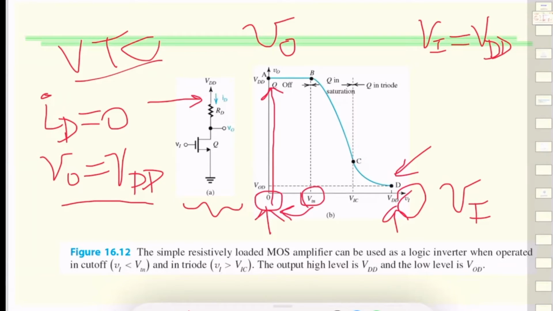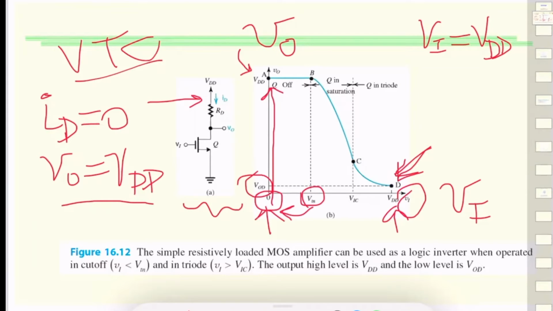And that's the point D on the voltage transfer characteristics. Now we look at the output voltage on the y-axis: the output voltage would be 0, which is logic 0.